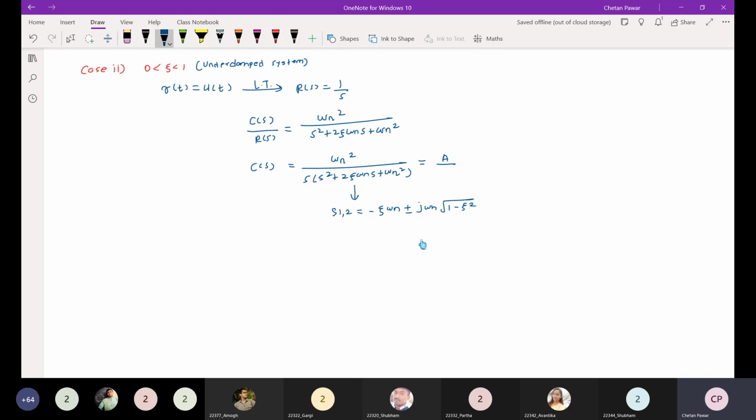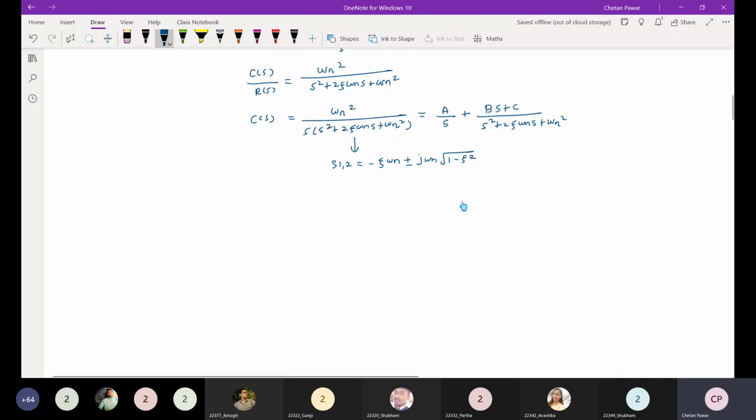So A upon s plus (Bs plus C) upon (s square plus 2 zeta omega n s plus omega n square). Just take the LCM. Omega n square equals A into (s square plus 2 zeta omega n s plus omega n square) plus (Bs square plus Cs).